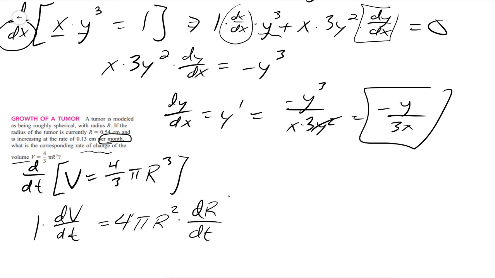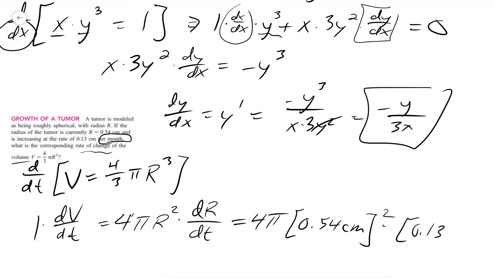And now let's plug in all the information that we were given. We have a 4, we have a pi, we have 0.54 centimeters, and we have 0.13 centimeters per month.